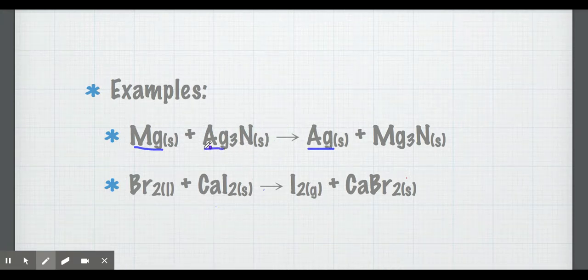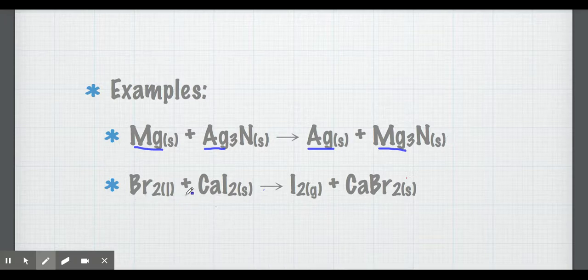So what's happening is we've got our metal magnesium is going to swap and take place with our silver. So now silver is by itself and magnesium is bound to nitrogen.